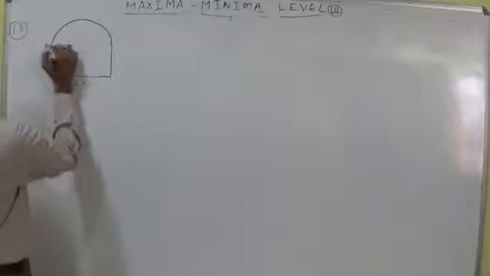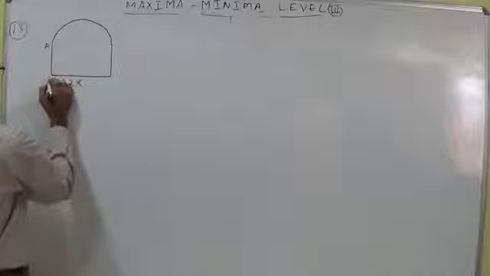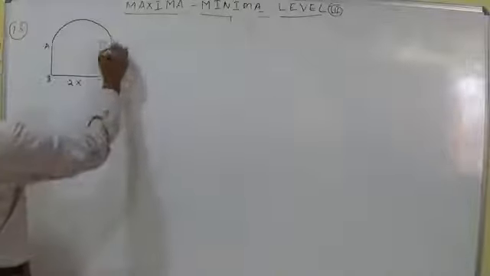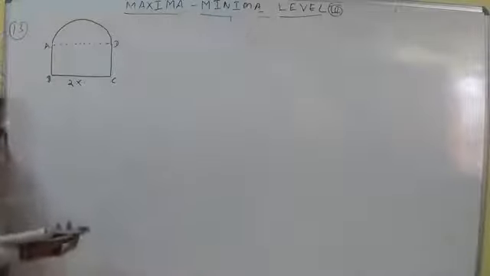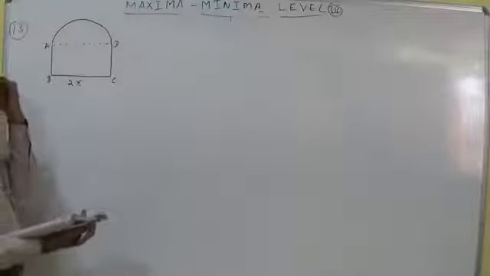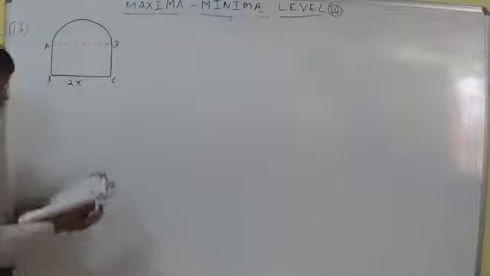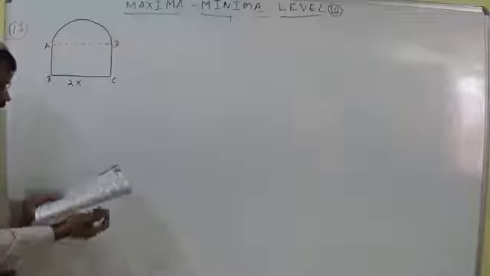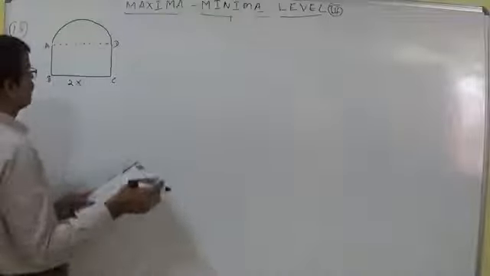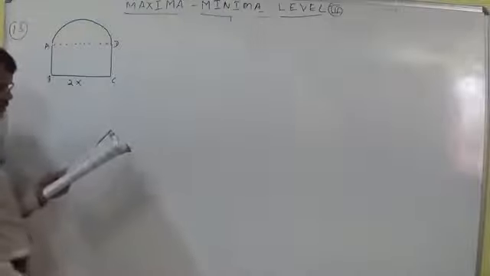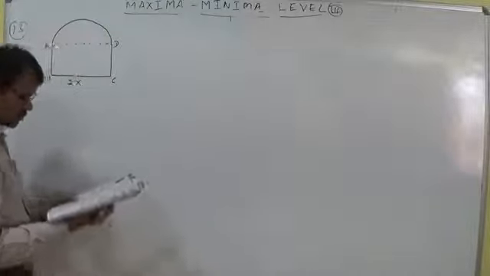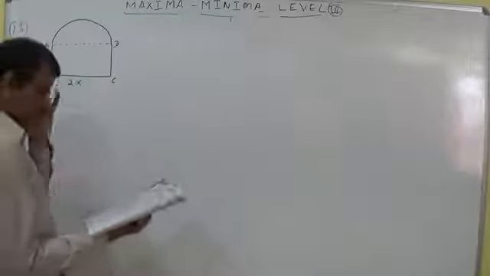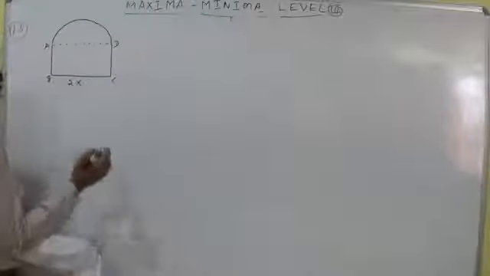Put the names A, B, C, D. This is not there, this is simply a semicircle. A window is in the shape of a rectangle surmounted by a semicircle. If the perimeter of the window is of fixed length L, here he gave L, there he gave 20 feet. Then we should calculate the maximum area of the window.